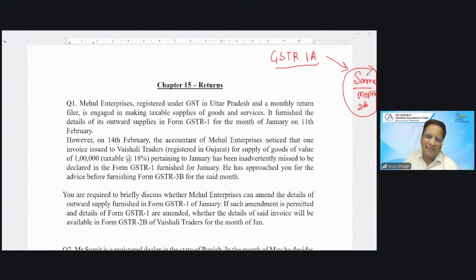Wait, Navneet, just allow me 1 minute because I'm asking the question. I need to see the answer of all and then only I can answer. What is the condition of GSTR 1A?